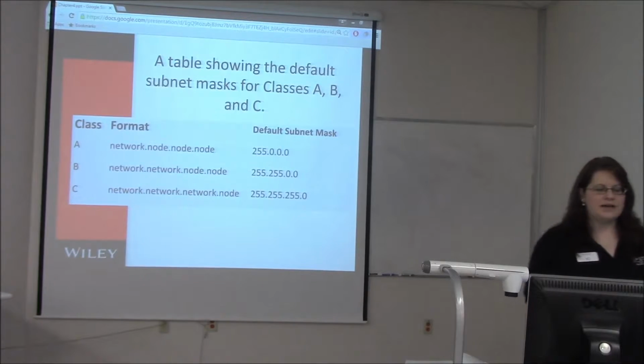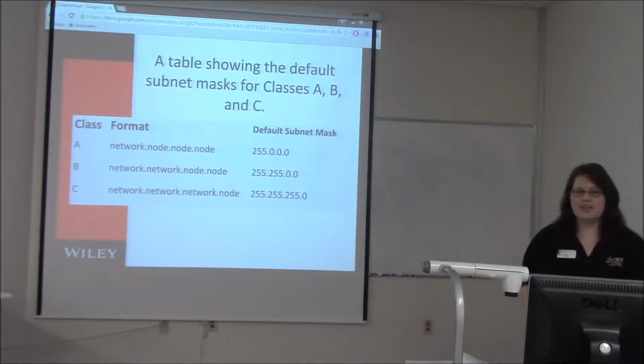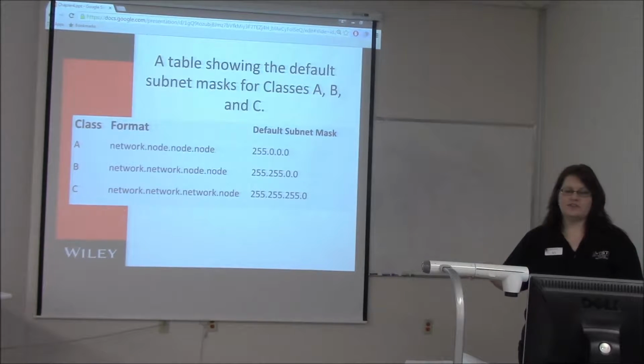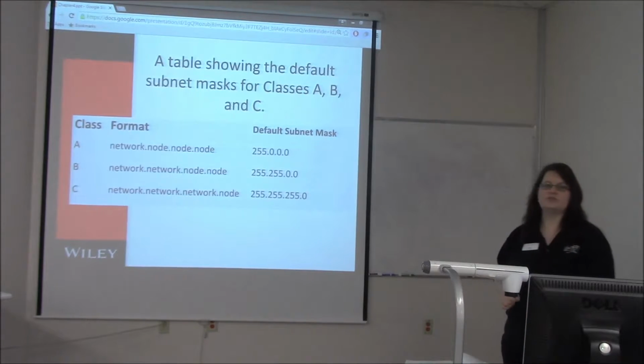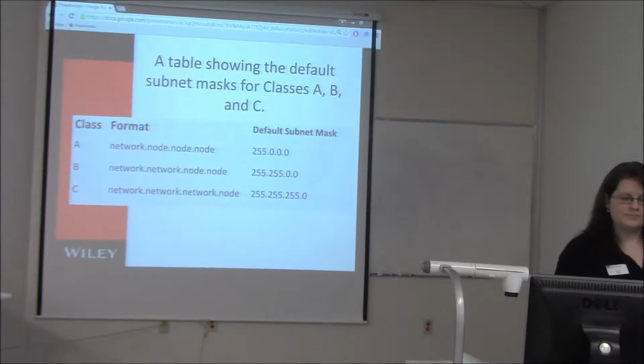So the subnet mask tells the computer which part of this address belongs to the network ID and which part belongs to the host ID. That's the whole point of the subnet mask. So if it's got a 255, it's the network. If it's got a 0, it's the host. That's what the network address is telling anyone who goes and tries to use it.